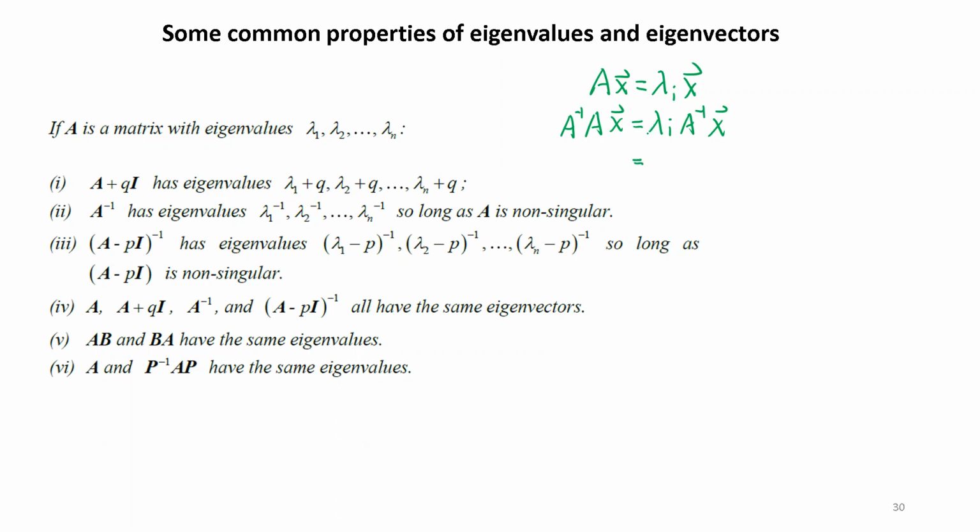Then further, I put this lambda I to the left-hand side, so you have this. And this exactly tells you that the eigenvalues of A inverse are 1 divided by lambda i. So this is property number 2.